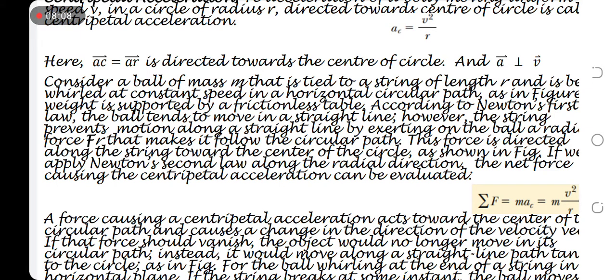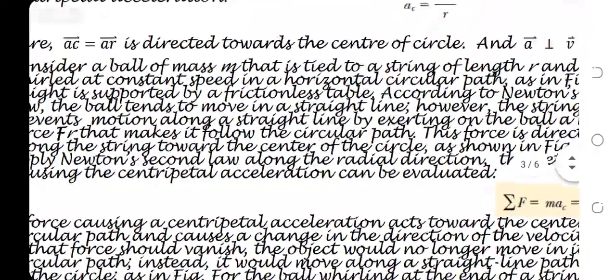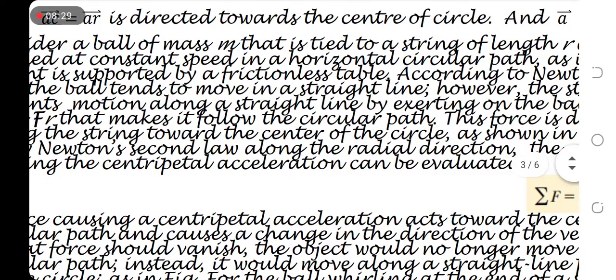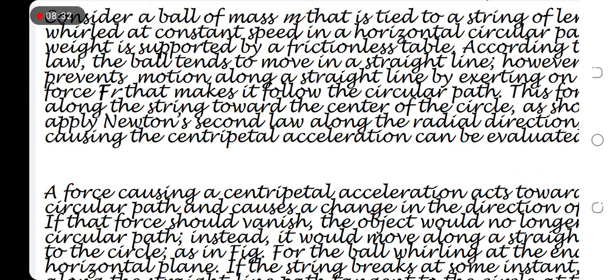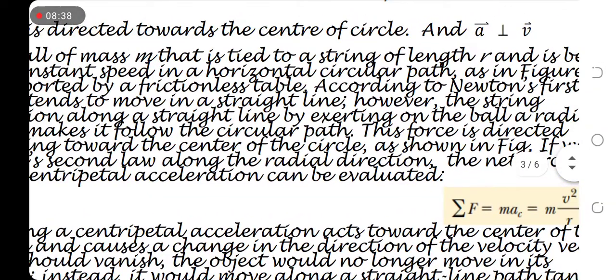However, the string prevents the motion along the straight line by exerting on the ball a radial force F_r that makes it follow the circular path. This force is directed along the string toward the center of the circle as shown in the figure.